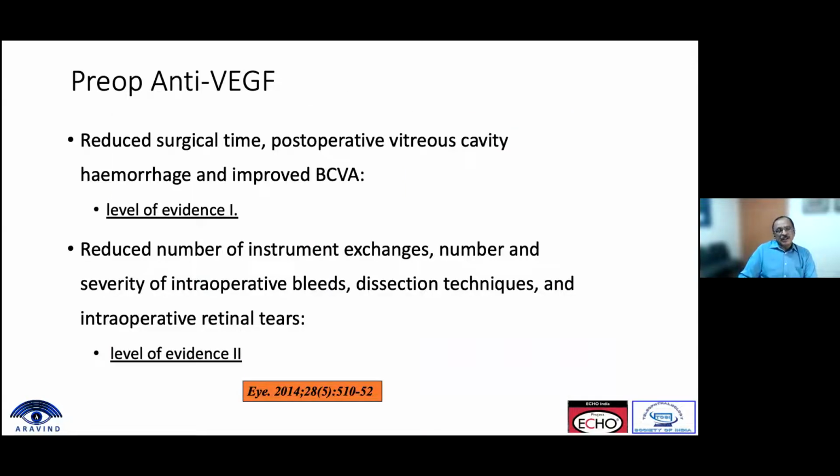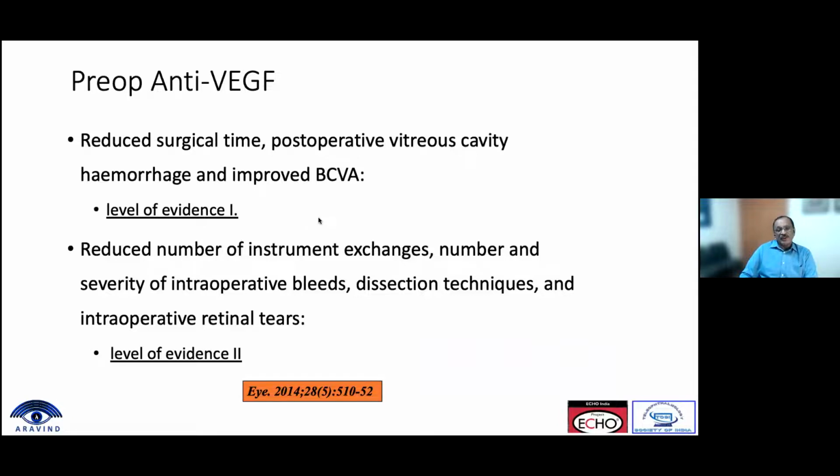And again, regarding preoperative anti-VEGF, many surgeons today use this because it reduces the intraoperative bleeding that happens. There is level 1 evidence that shows reduced surgical time, and postoperative vitreous cavity hemorrhage is very much decreased.